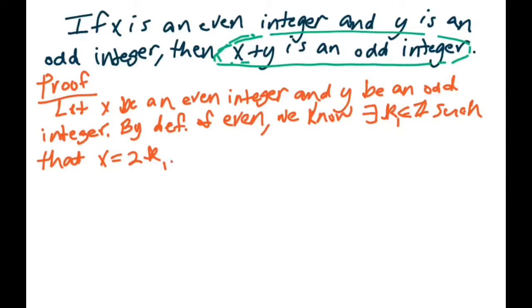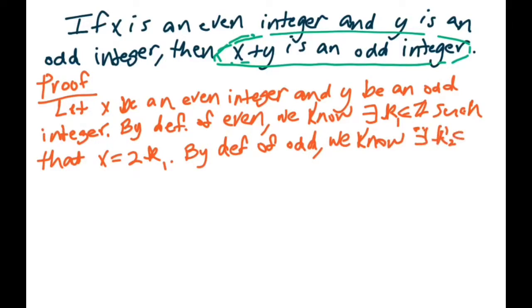So then we're also going to say, by definition of odd, we know there exists a k sub 2 that's an element of the integers such that y is equal to 2 times k sub 2 plus 1.